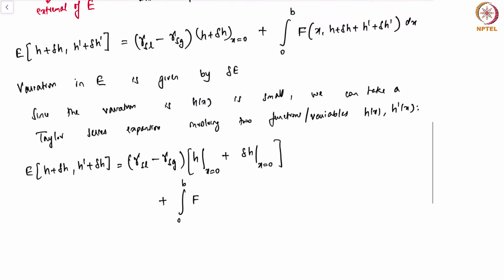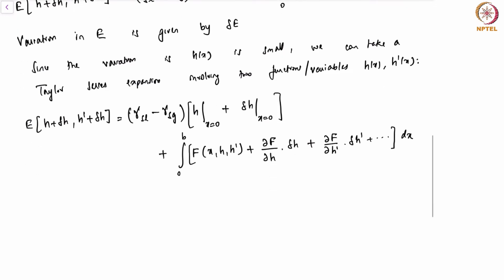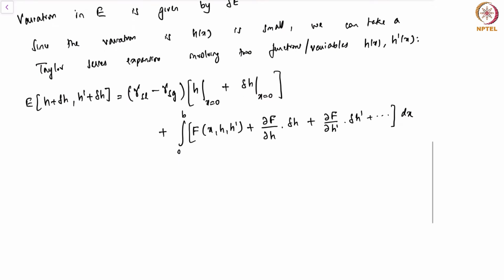The first one is just the original function f of x, h, h prime, plus del f by del h into delta h, plus del f by del h prime into delta h prime, plus so on. So this is my Taylor series expansion, and now I have got E.